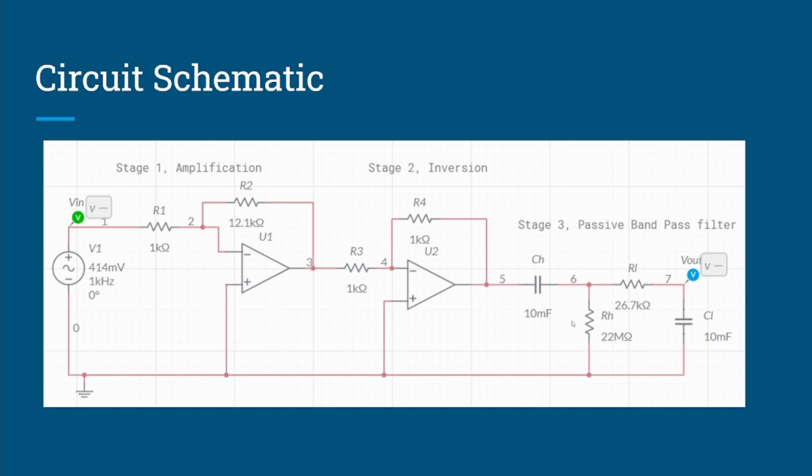Finally, stage 3 is a passive bandpass filter that's going to be used to eliminate any noise within that received biosignal that's been amplified and is finally sent to the microprocessor for analog to digital conversion and then the final calculations as to the dehydration state of the athlete or individual for that matter.